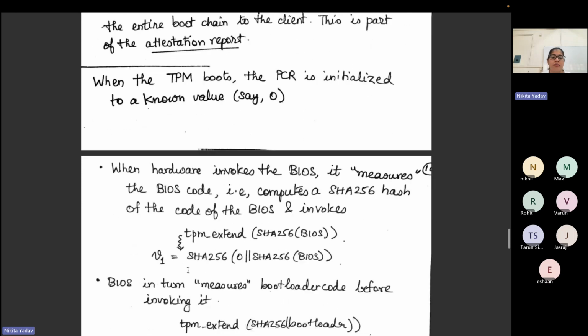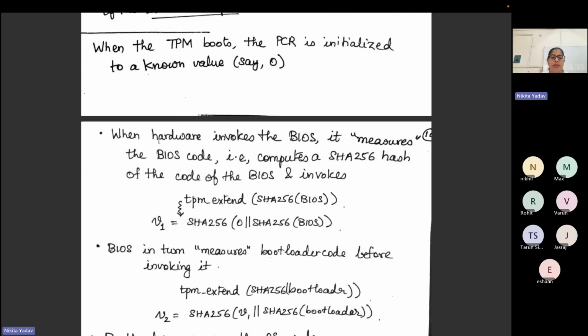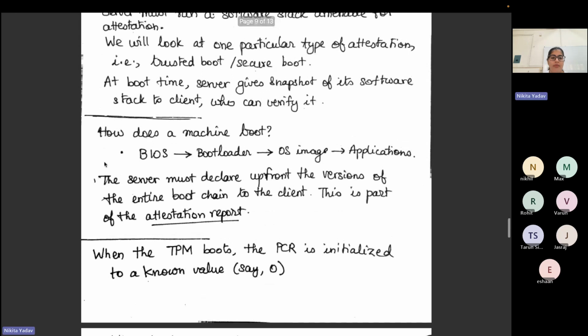The steps are that the hardware is going to take the hash of the BIOS and pass it to the TPM. BIOS, before starting the bootloader, will take the hash of the bootloader and pass it to the TPM.